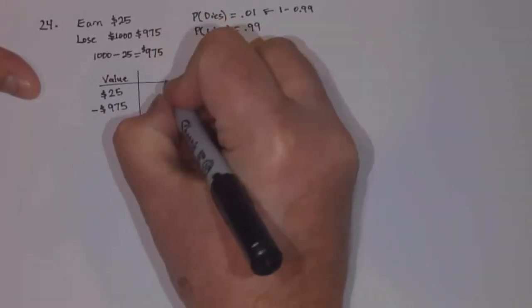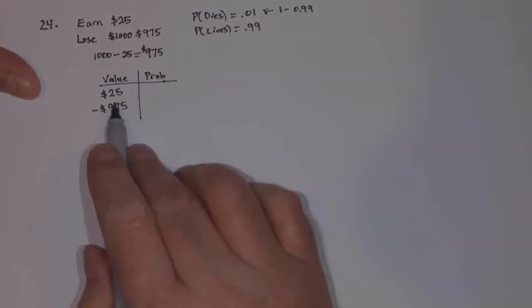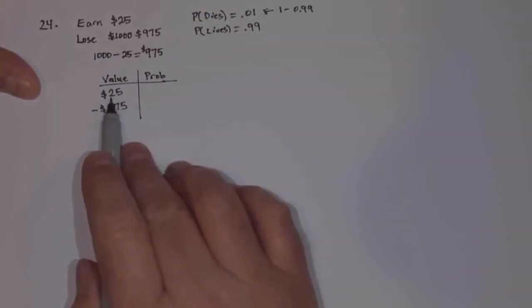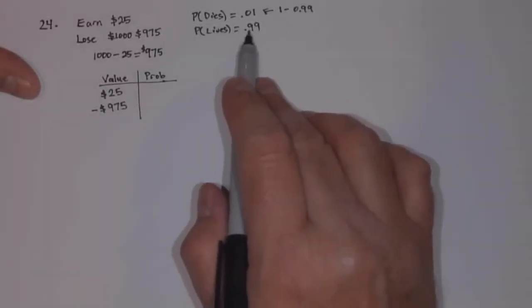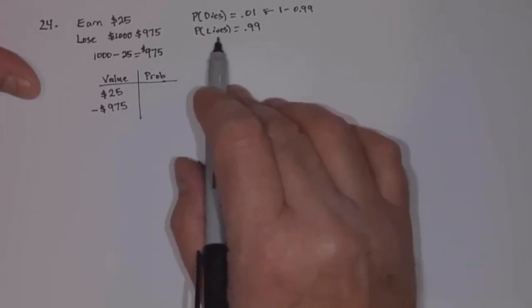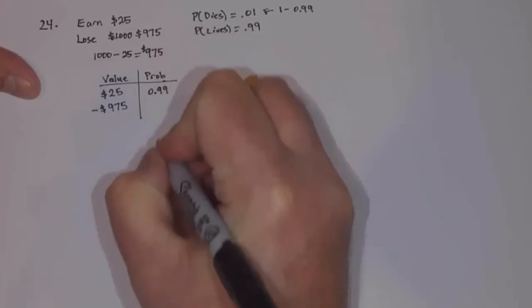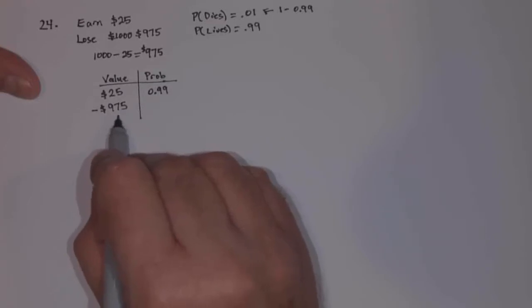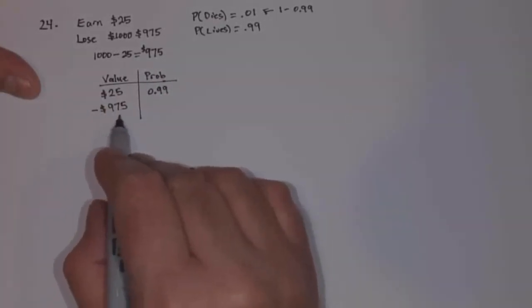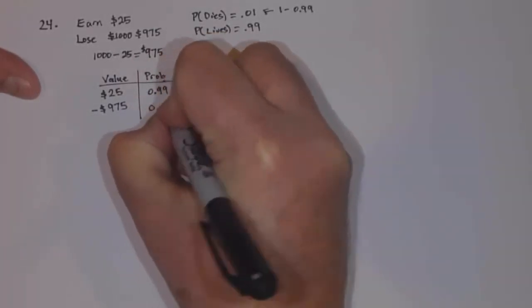Now, the probability associated with the insurance company earning the $25 is the same as the 20-year-old living, so that's 0.99. And the probability that the insurance company is going to have to pay out the $1,000 and lose the $975 is the other 0.01.